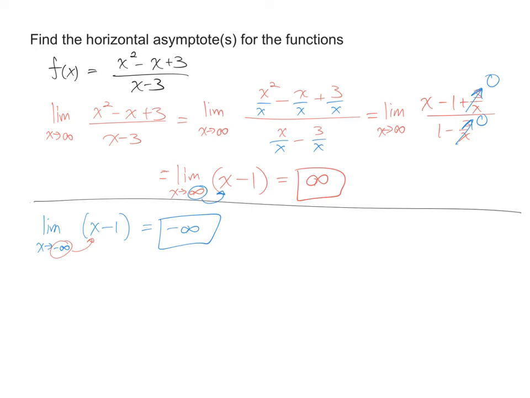Another way you can think about this is this x minus 1 is a linear function that looks like this. Crosses at negative 1 with a slope of 1. And you can think of it like an end behavior problem from a previous course. As x goes to infinity, as we travel further and further right, the y values keep growing and growing.